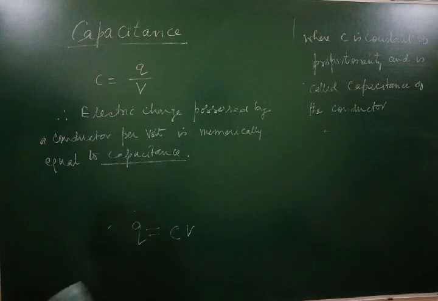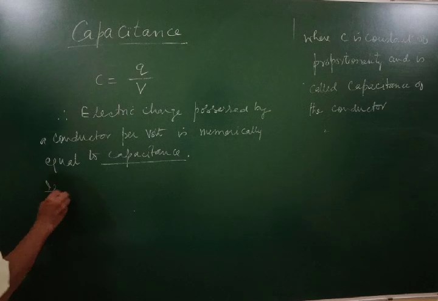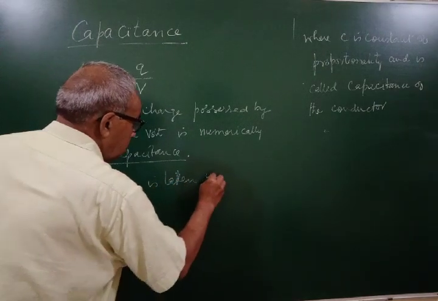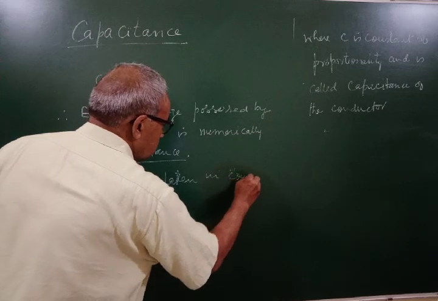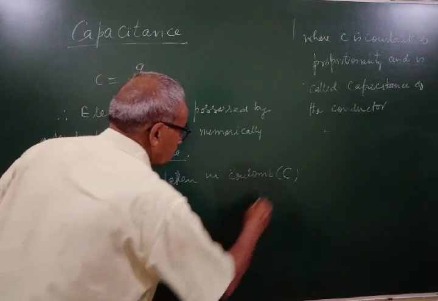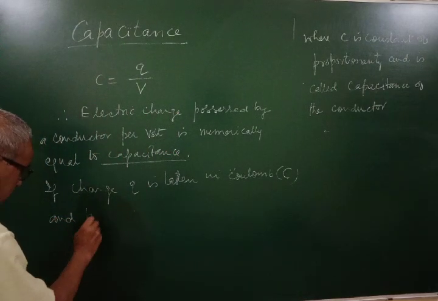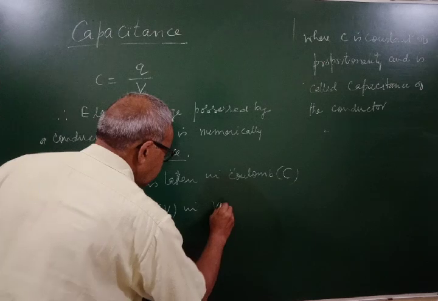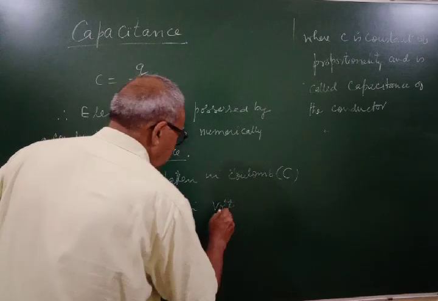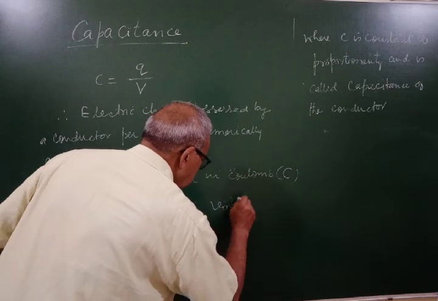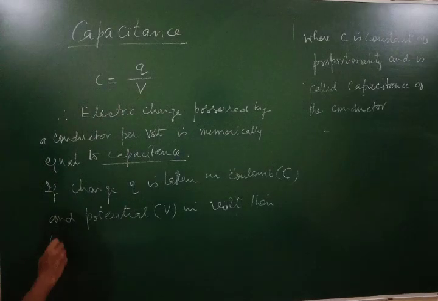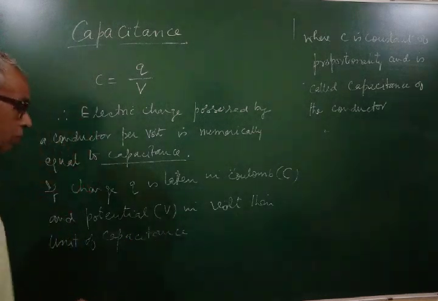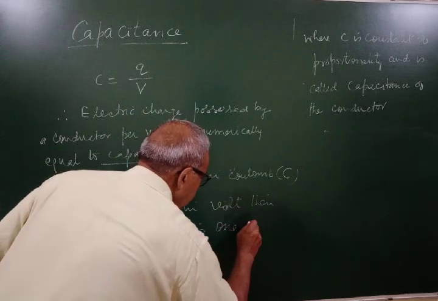If charge Q is taken in coulomb and potential V in volt, then the unit of capacitance is 1 farad.